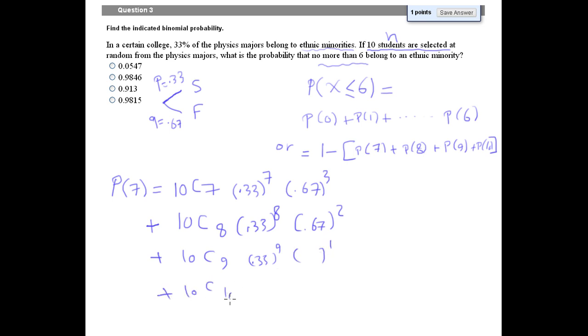Plus 10C10 times 0.33 to the power of 10 times 0.67 to the power of 0. So this would be the probability of 8, this the probability of 9, and this the probability of 10. At the end, we're going to add them one by one. So the answer will be the addition of all of these.